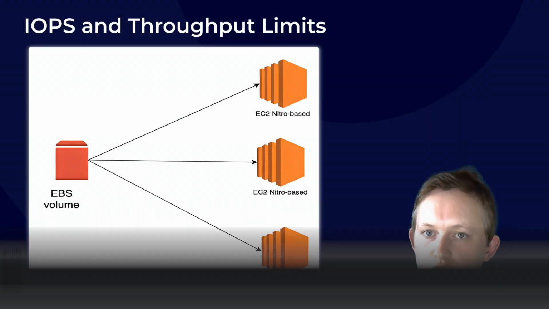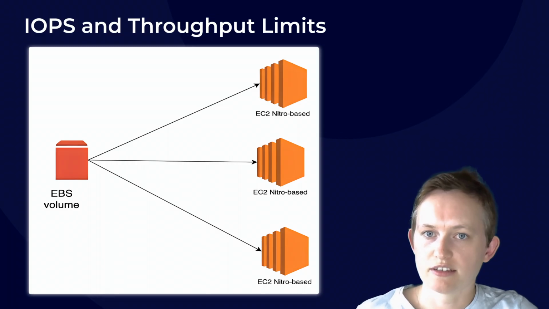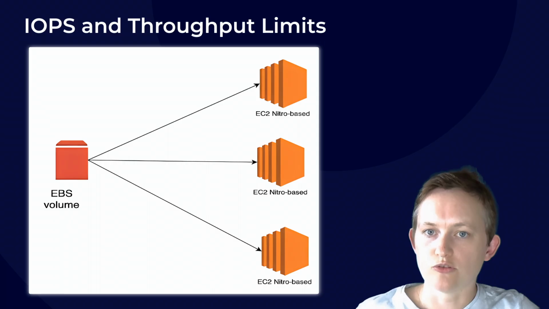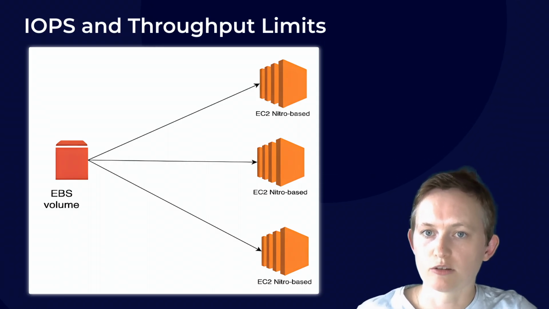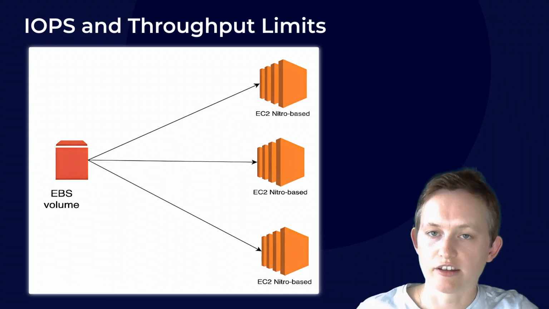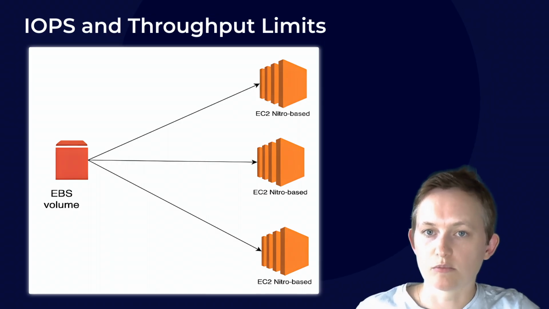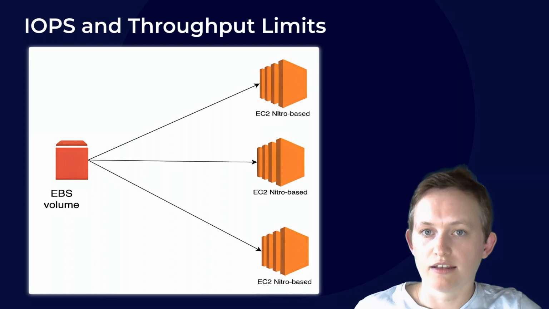Also, the throughput and IOPS of your EC2 instance is going to be shared amongst the EBS volumes that are attached to it. So you really need to consider the instance type and its performance when you're attaching multiple EBS volumes to the EC2 instance, as the volumes are actually going to be sharing the available bandwidth and IOPS of the EC2 instance. So that's an important factor to be aware of, that your EBS volume can actually be limited by the instance it's attached to.